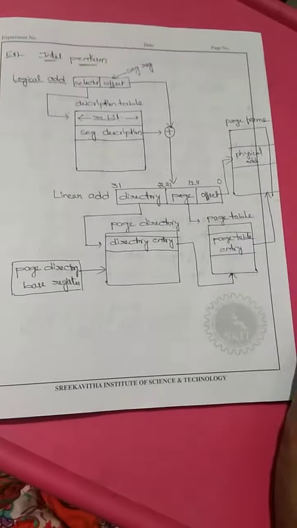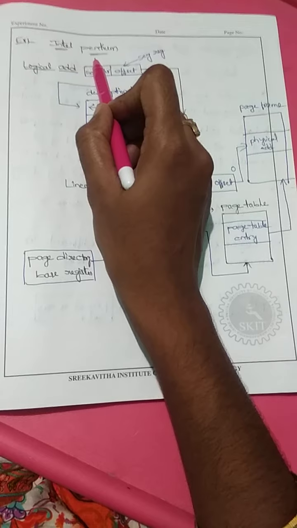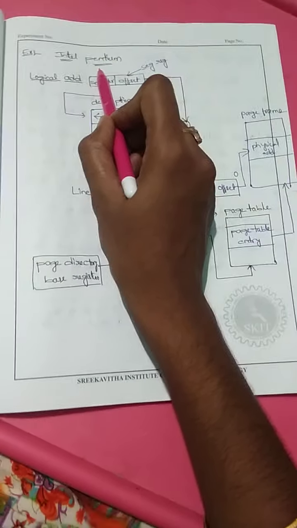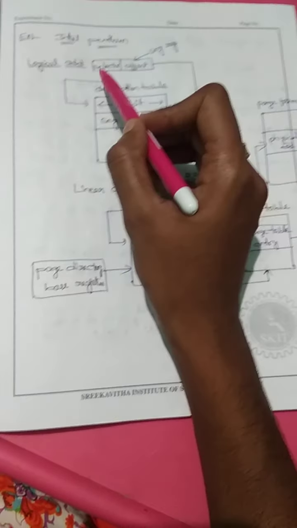Now we'll see with one example how it works. I am taking the Intel Pentium here. Initially we have the logical address.